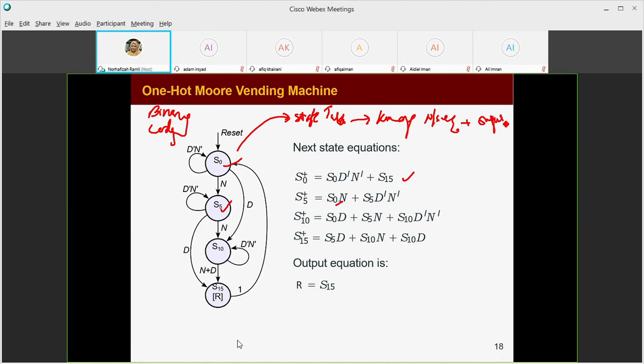For example, if you have 3 bits, you have 3 K-maps and 1 or 2 outputs. And only then do you draw the circuit. But here, from the state diagram you go straight to this point, and from here you already get the circuit, the FSM. So how does the FSM look like? Try to remember this slide.